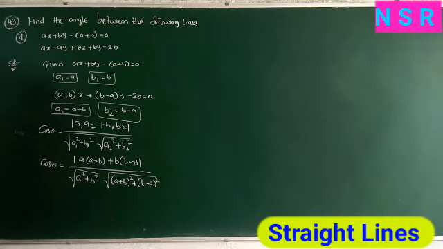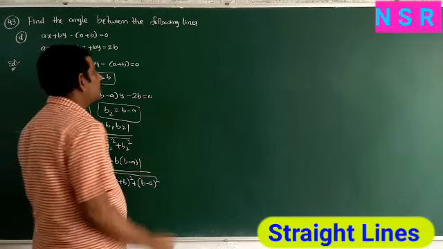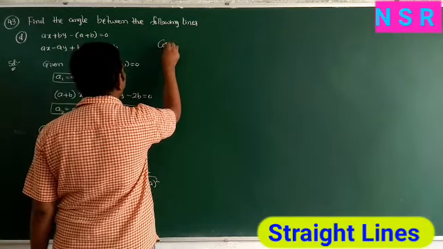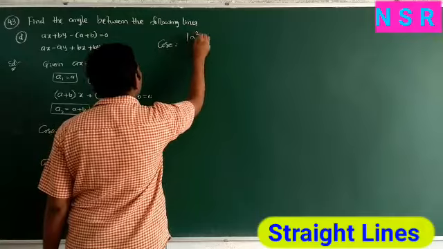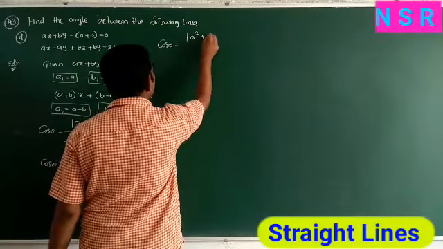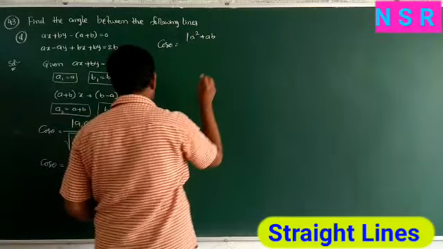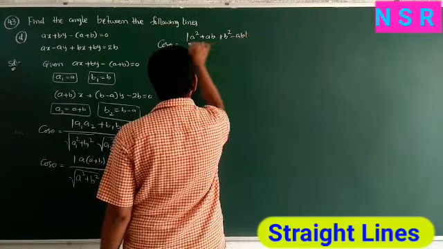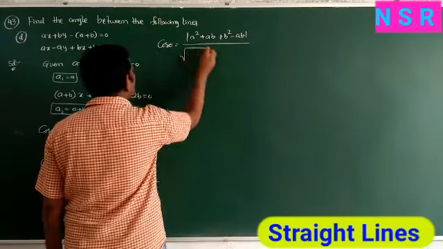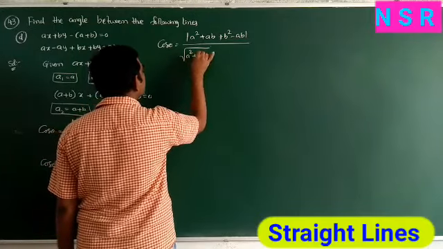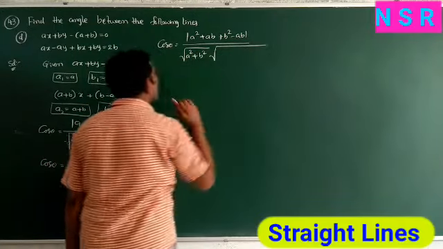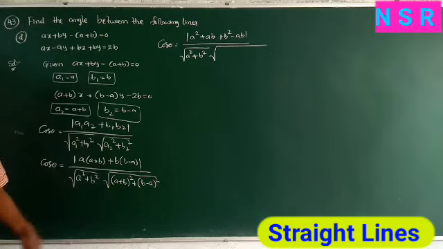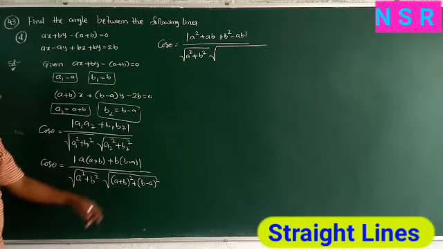Now simplify it. Cos theta is equal to A into A square... A into A plus A into B, AB. Next, B into B, B square, minus B into A, AB, by square root of A square plus B square into square root of, applying the A plus B whole square and A minus B whole square formulas.